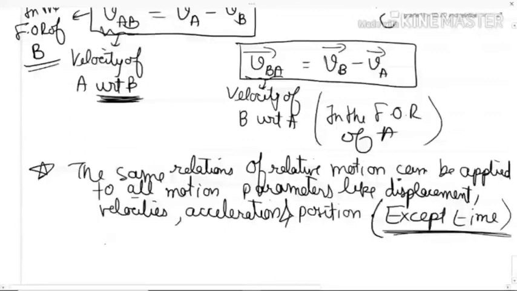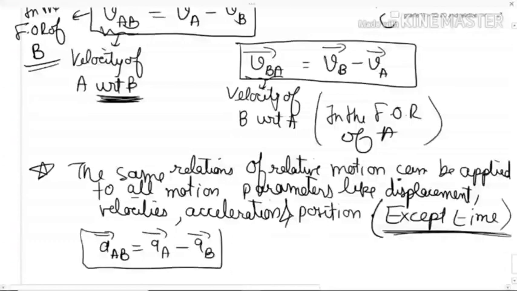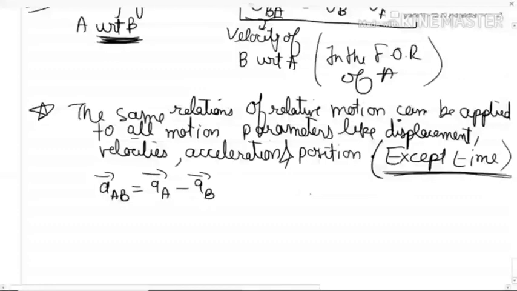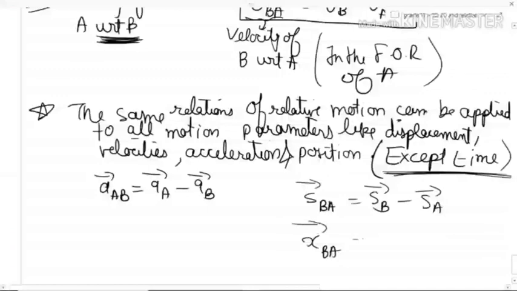Okay. So always remember, relative acceleration of A with respect to B, relative displacement of B with respect to A will be given by displacement of A minus displacement of B. Relative position of B with respect to A will be given similarly.